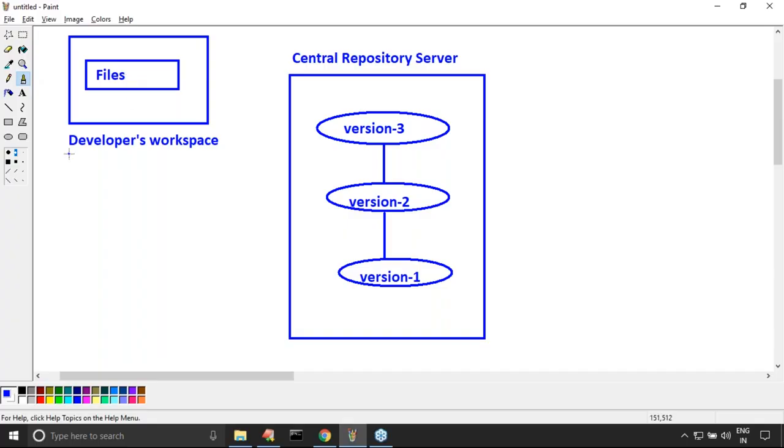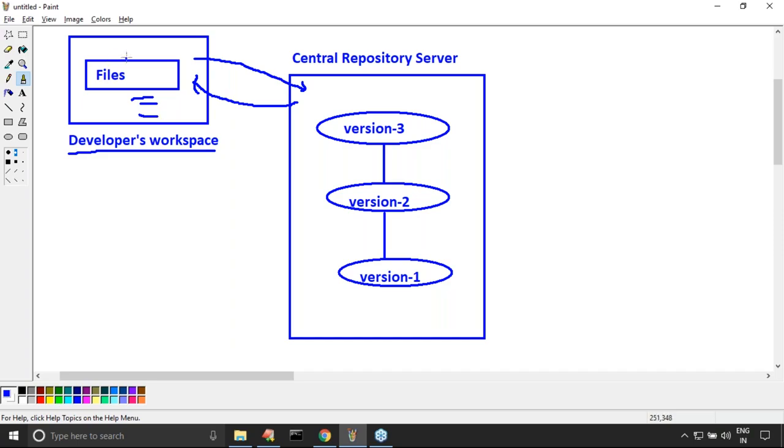If a developer is required to work, he will connect with the central repository, get the required files, and start working on those files. Observe very carefully, this process is very important. How will the developer get the files? Two ways: he may create a new file, or he will get it from the repository.